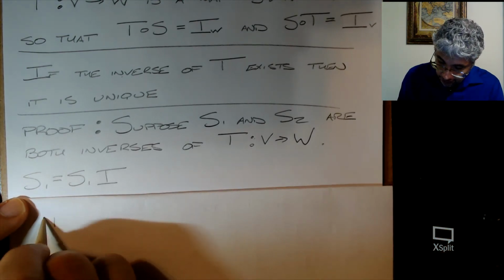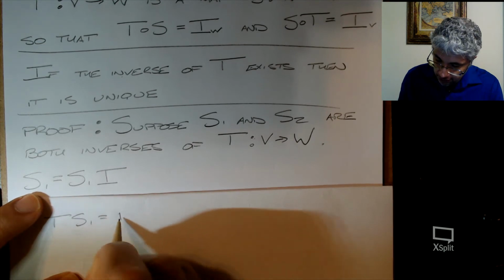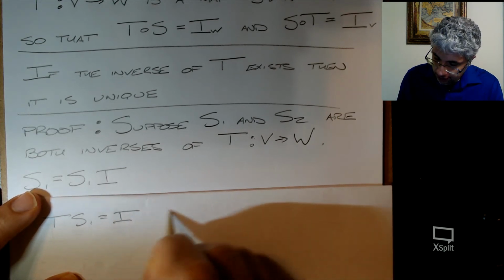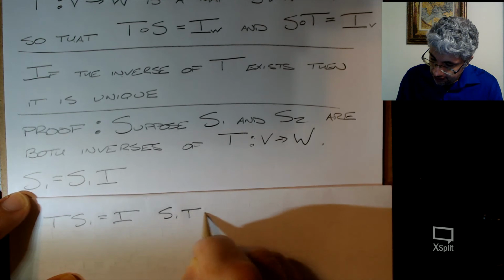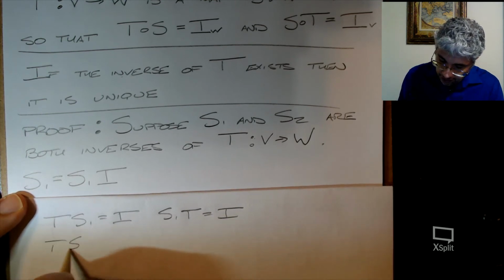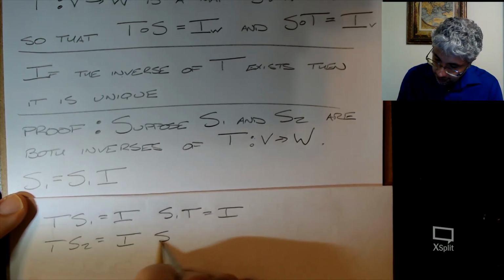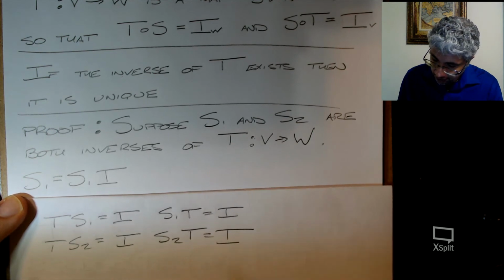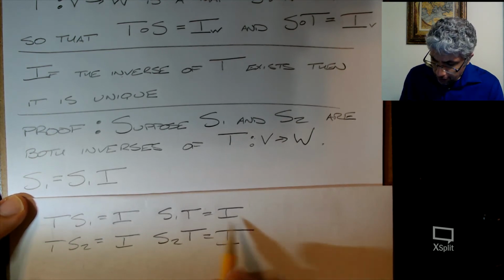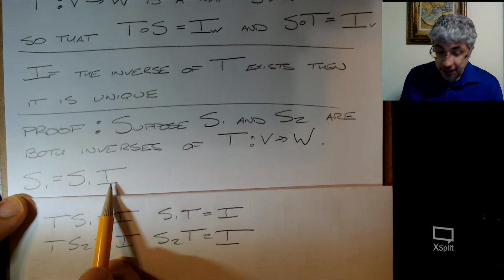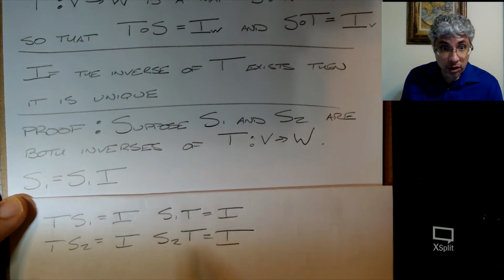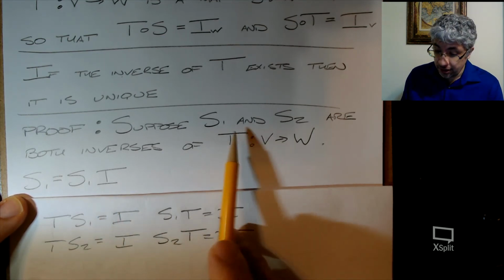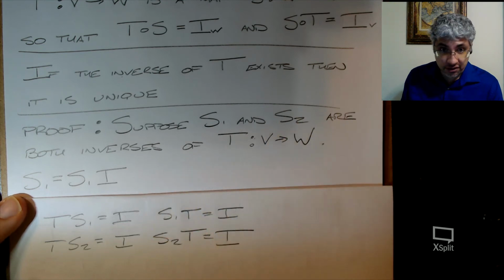I know that T S1 is I, S1 T is I, T S2 is I, and S2 T is I. So I have four different things that I could plug in here. This is what we know, because this is the definition of saying S1 and S2 are inverses of T.